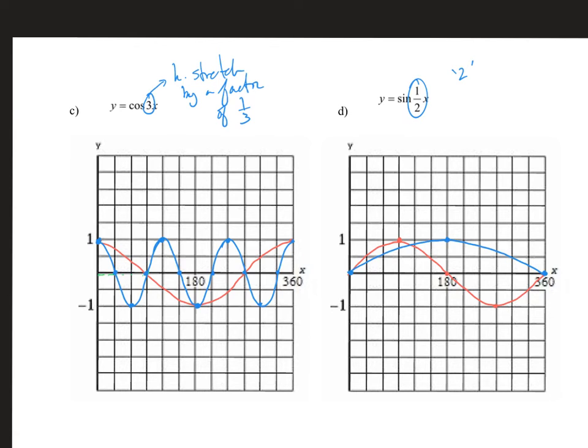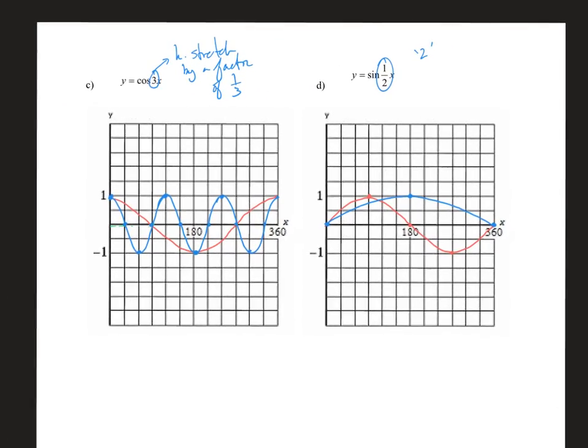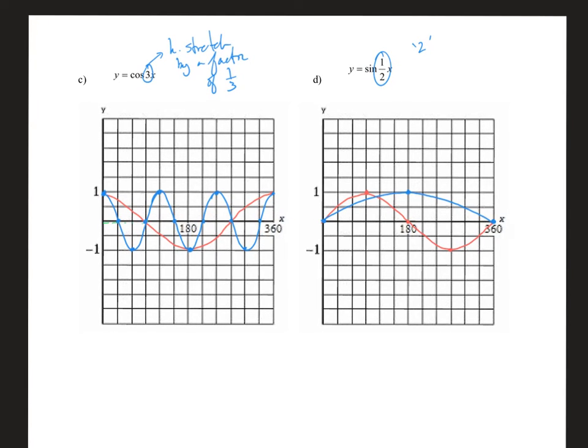Now, what I'd like to do in this scenario is break down both of those graphs in a little more detail because there are two very important features that we can examine. So I'm just going to make these a little bit smaller so we have a little more room underneath the graphs. The first one, and I use this one occasionally, I don't really lean on it that much, but it's important to note: if I was to ask you the number of cycles that exist in the first rotation.